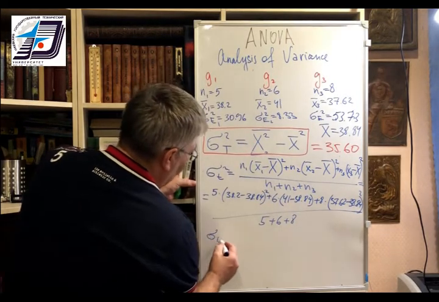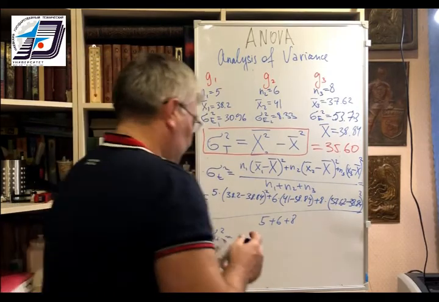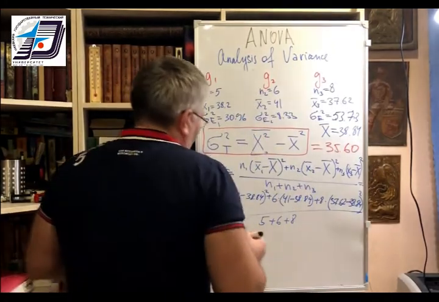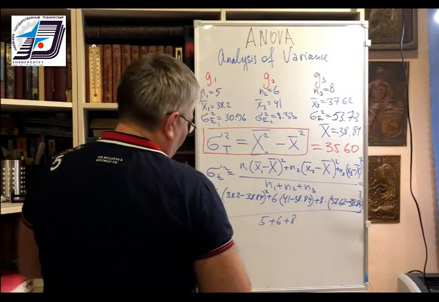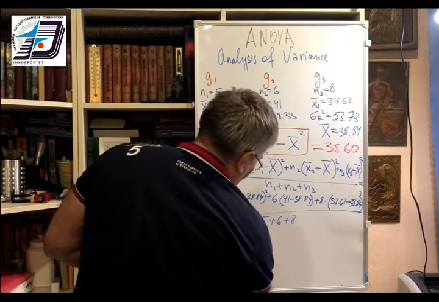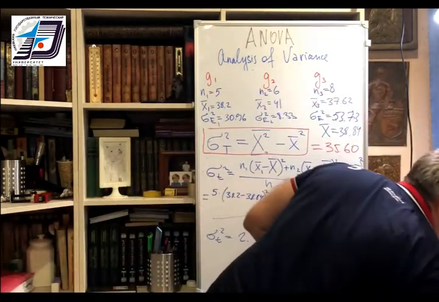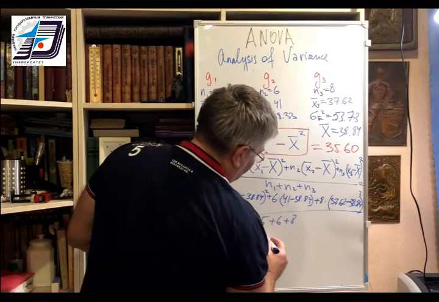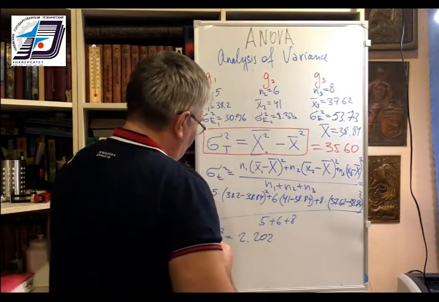So the treatment variance is, according to my calculation, 2.202. Okay.